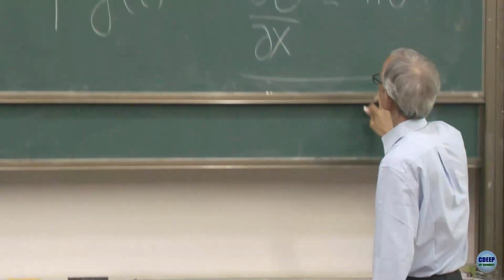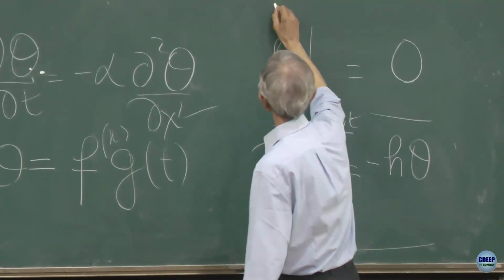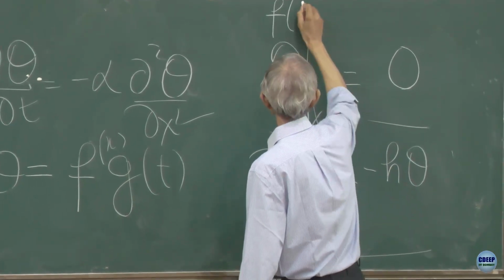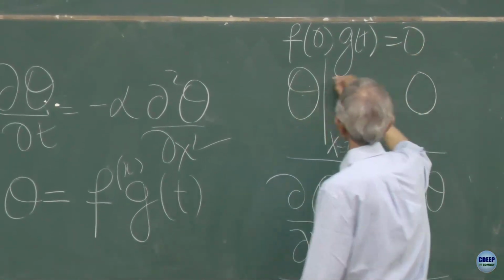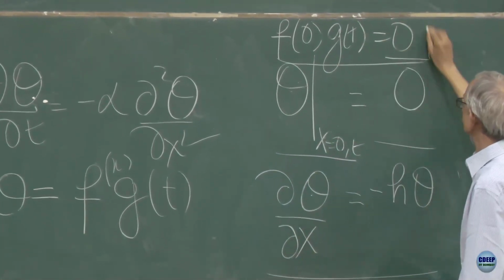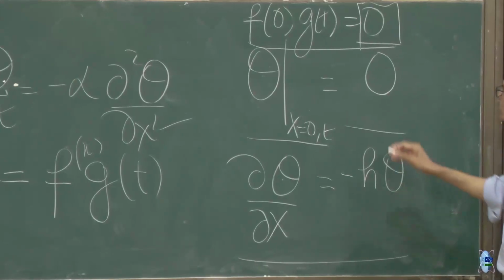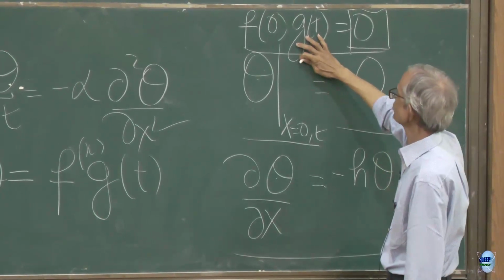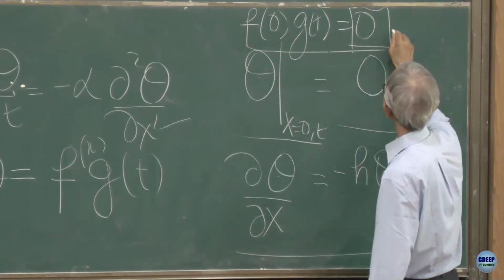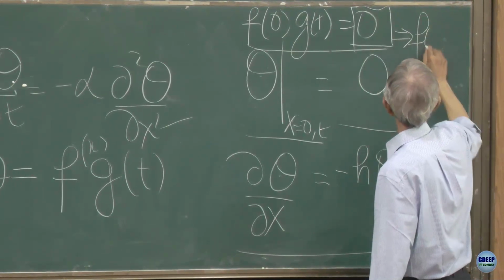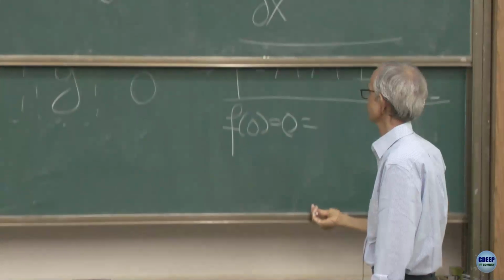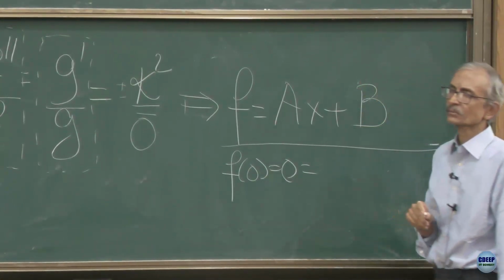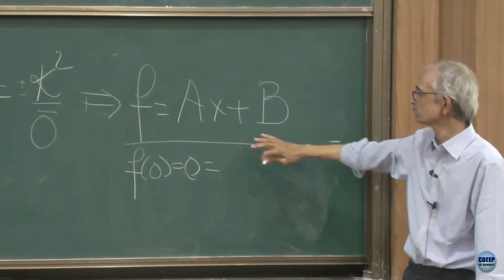This guy is f times x equal to 0, g times t equal to 0. Remember, that's why we want this guy to be 0. So whatever this value of g may be, this implies f0 equal to 0. So what does that mean to the constants?